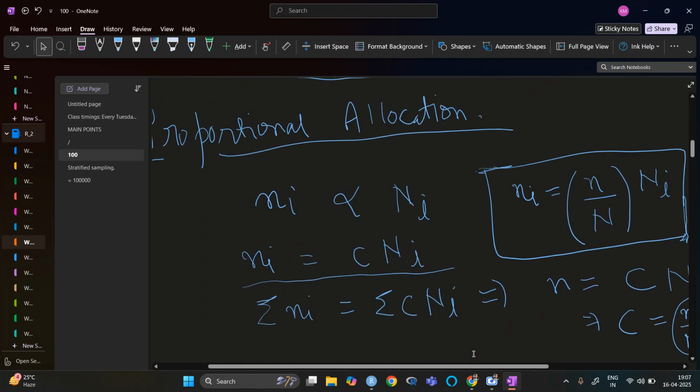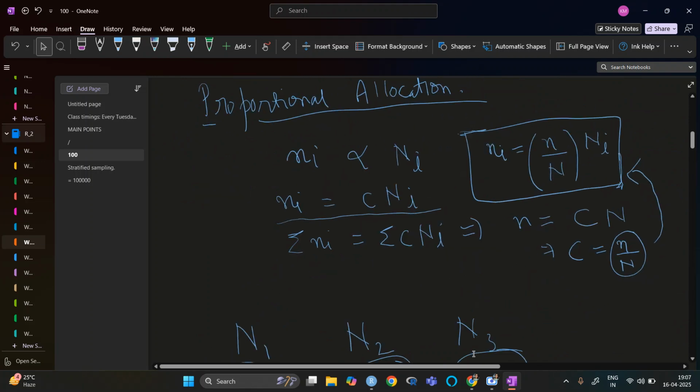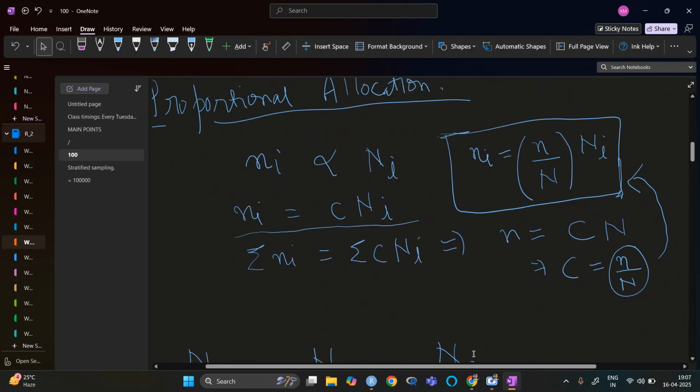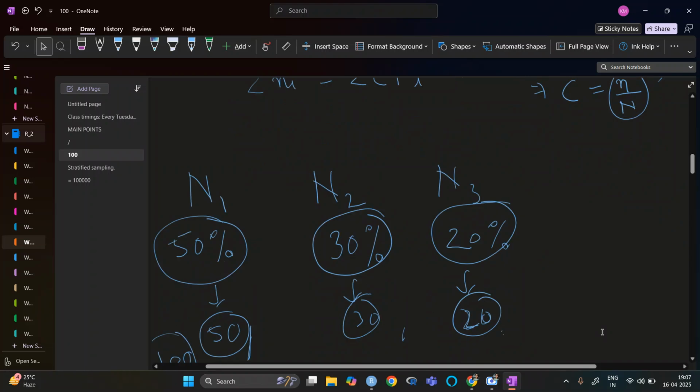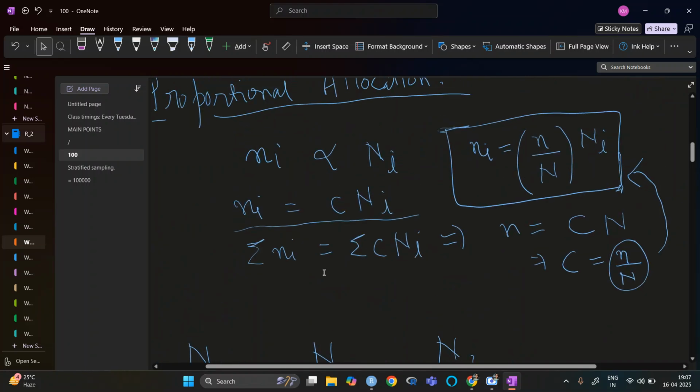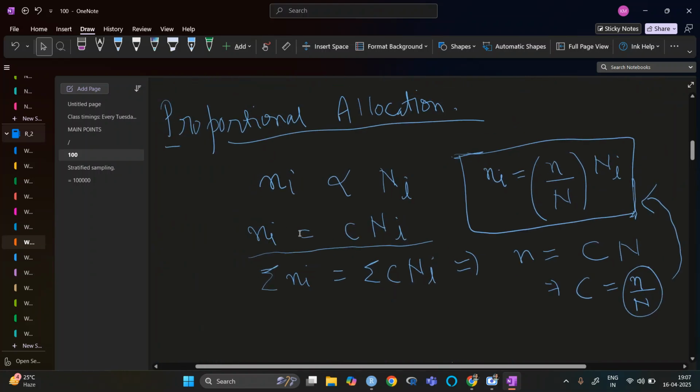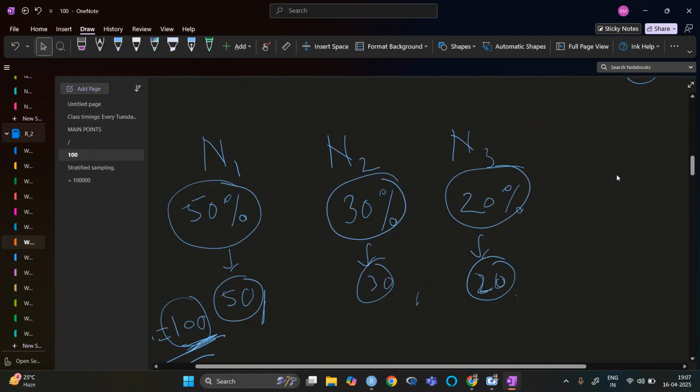For proportional allocation, the small ni is proportional to capital Ni. So the constant is basically n upon N. Finally, your small ni will be equal to small n divided by capital N multiplied by capital Ni.